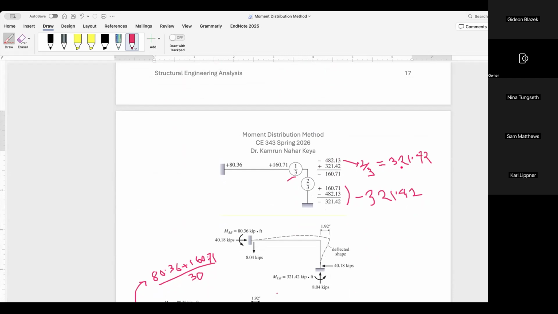Okay? Makes sense? And then this FEM moment, multiply with 1/3. You will get that one. And we are using opposite sign. So here, the moment is the same, right? So don't get confused with these two.